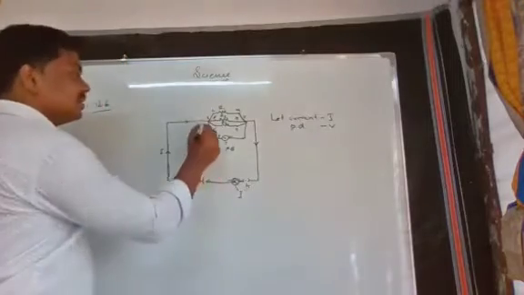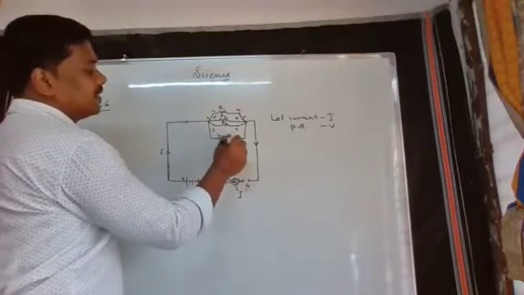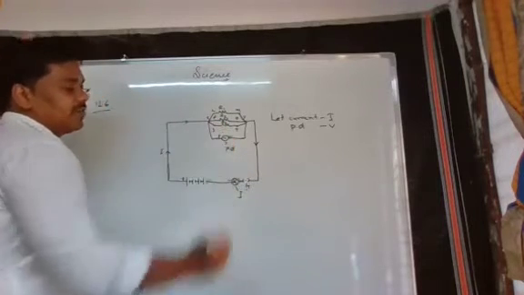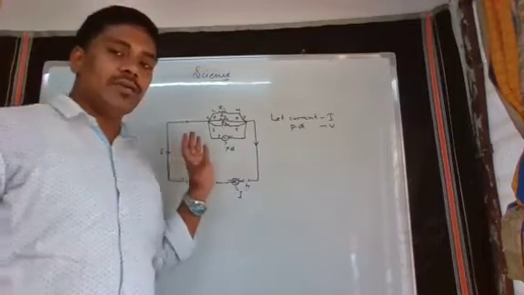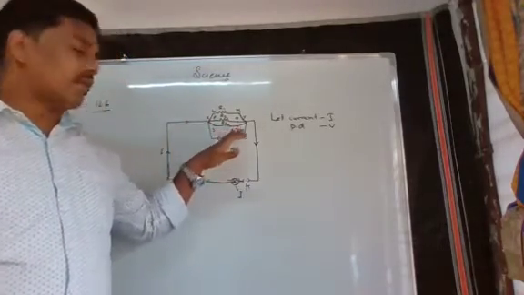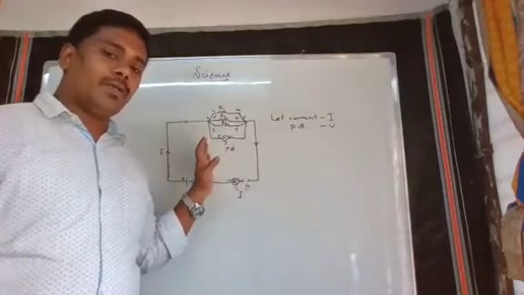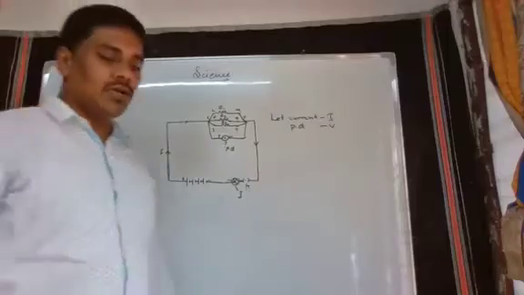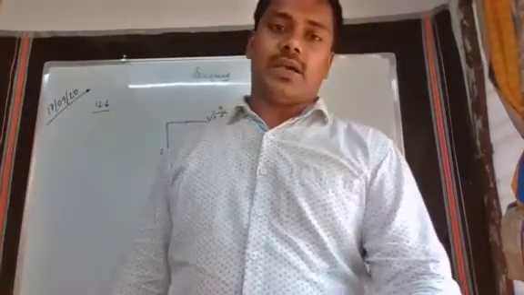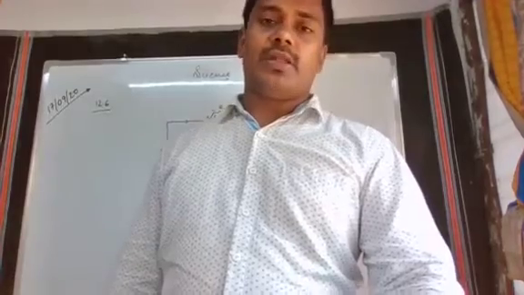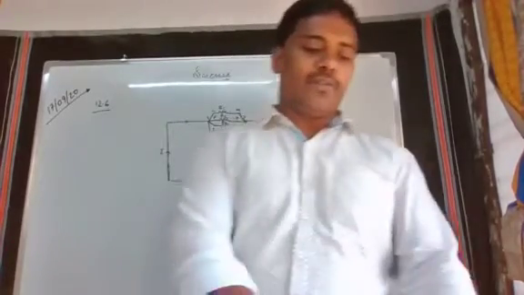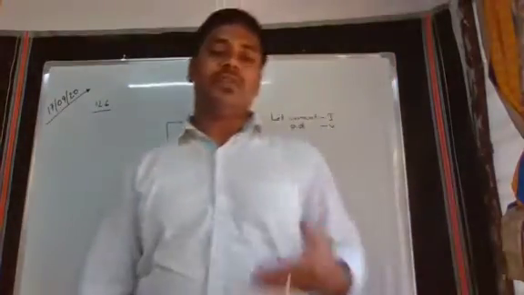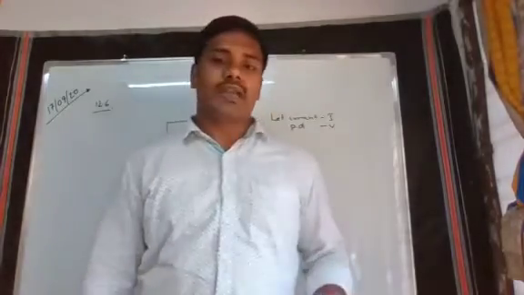We can understand that the voltmeter is connected here. So we will get the potential difference across the whole circuit in this voltmeter. And as it is a parallel circuit, the potential difference across the individual resistors also will be the same.